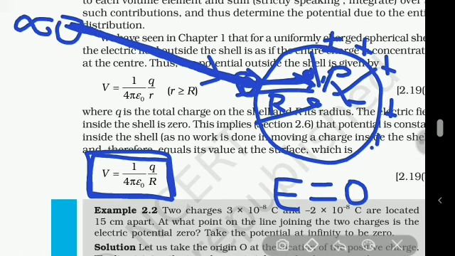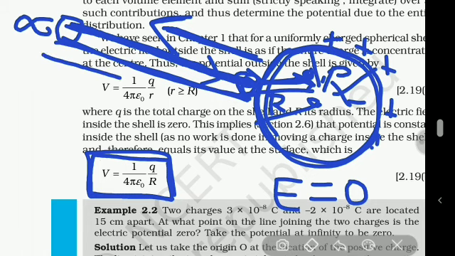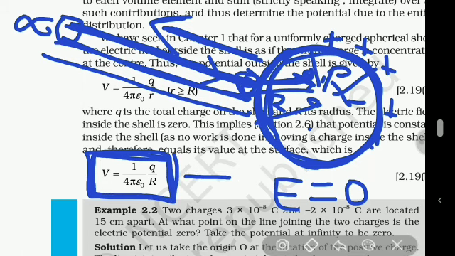But from infinity to this point, work is needed, so that potential is conserved. Outside there is an electric field due to this shell, so due to that electric field, work is needed to bring the charge. But inside the shell, there is no electric field, and so no extra work is needed. And so the same potential which is on the surface is there even inside the spherical shell. So the formula is this, which is exactly equal to the potential on the surface of a spherical shell.